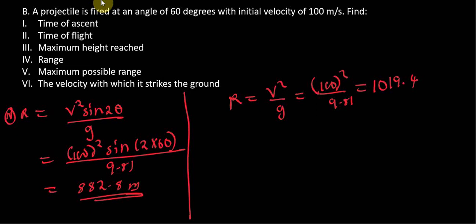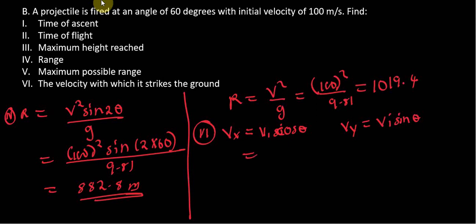How about the velocity with which it will strike the ground? There you need to calculate the velocity in the x-axis, which is v cos theta, and in the y-axis again.